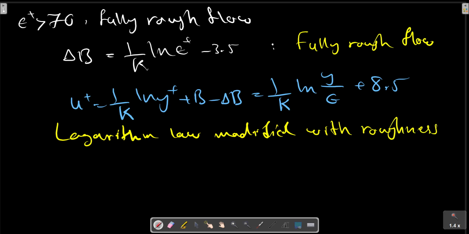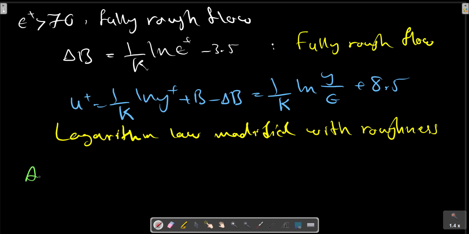The viscosity vanishes, and here fully rough flow is independent of Reynolds number. If we integrate from this relation, we can obtain the average velocity in the pipe as this relation.